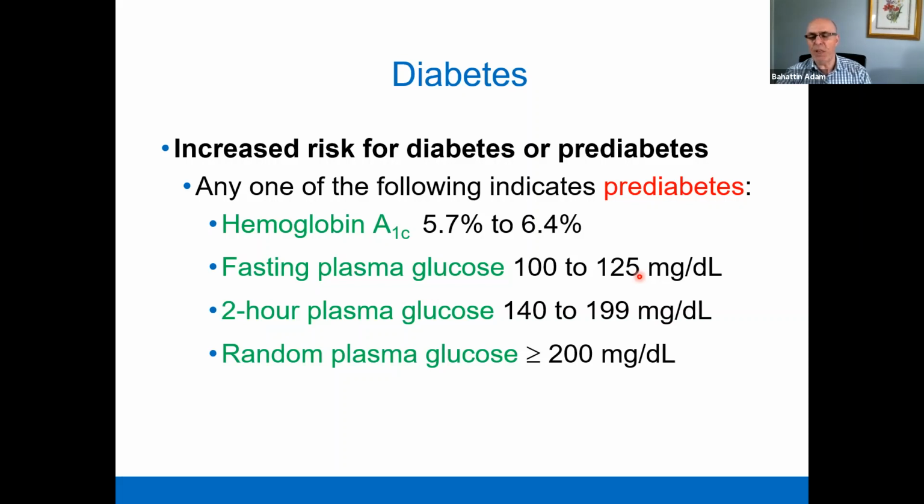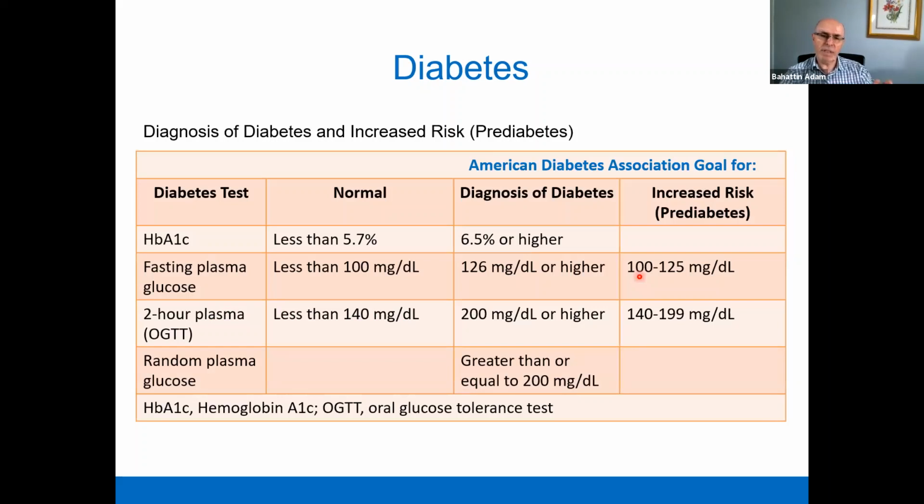If hemoglobin A1C is between 5.7 and 6.4%, or fasting plasma glucose is between 100 and 125, or 2-hour plasma glucose is 140 to 199 milligram per deciliter, and so on. These tables summarize the diagnostic criteria of diabetes and prediabetes. You may review them later.